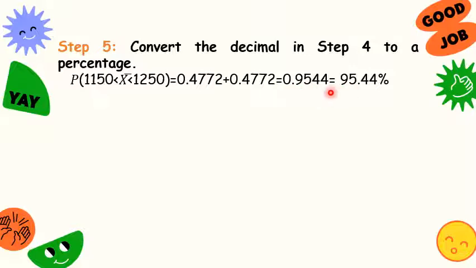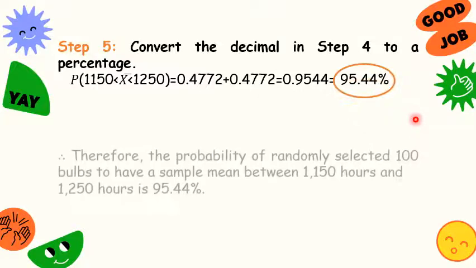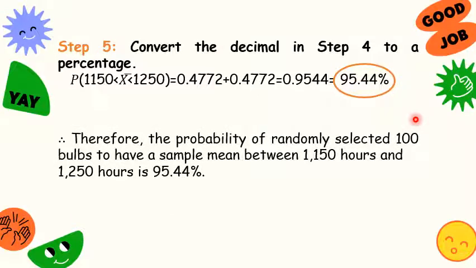Or in percent, again, move nyo lang ng dalawang decimal place to the right, this is 95.44%. Therefore, the probability of randomly selected 100 bulbs to have a sample mean between 1,150 hours and 1,250 hours is 95.44%.